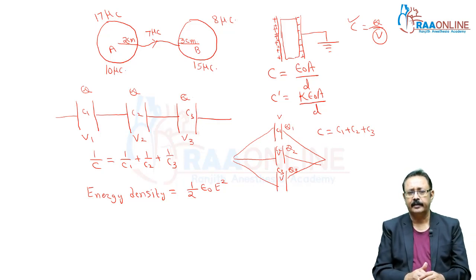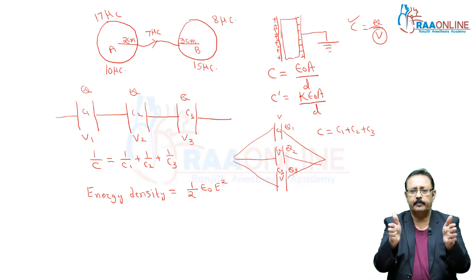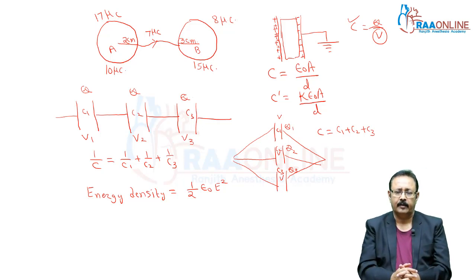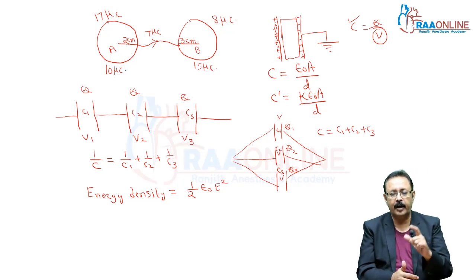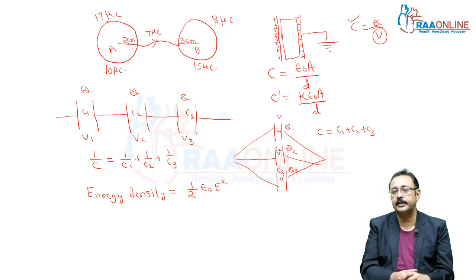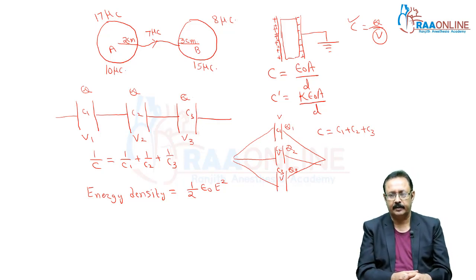After that, I increase the distance between the plates. What will happen to the potential difference between the plates? What will happen to V? Or what will happen to the energy stored between the plates? What do we say? We removed the battery.